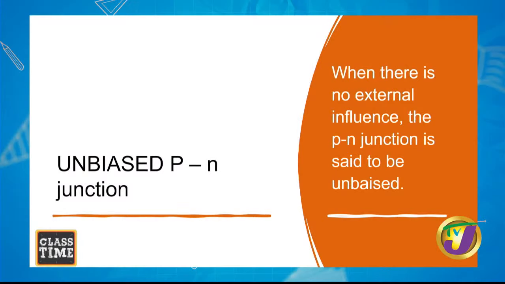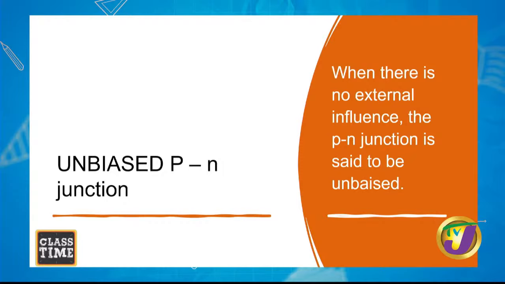Now, between these two materials, we will have the junction forming, the p-n junction. And based on the composition of these two materials, there's going to be some activity taking place as a result of our majority carriers on both sides.